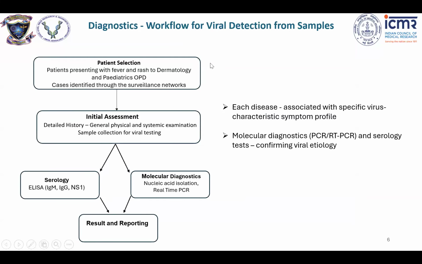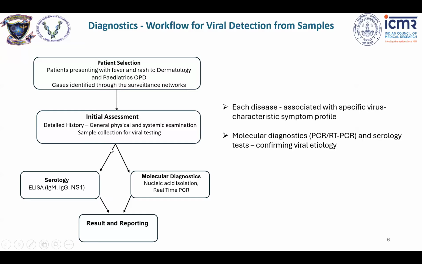The flow of samples is usually from patients attending pediatric and dermatology OPDs presenting with fever and rash. We also receive samples through the surveillance network, that is the district surveillance unit. After initial physical and systemic examination in the OPDs, appropriate samples are collected depending upon the type of presenting symptoms.